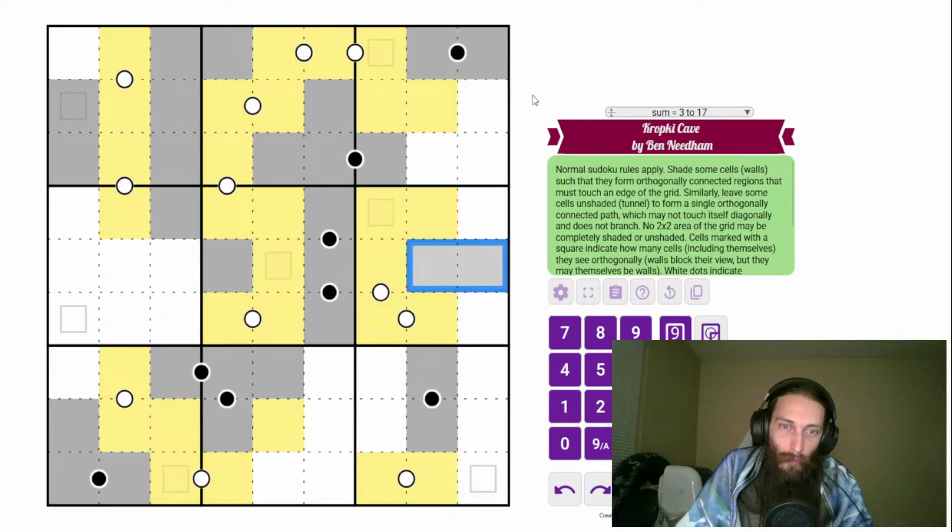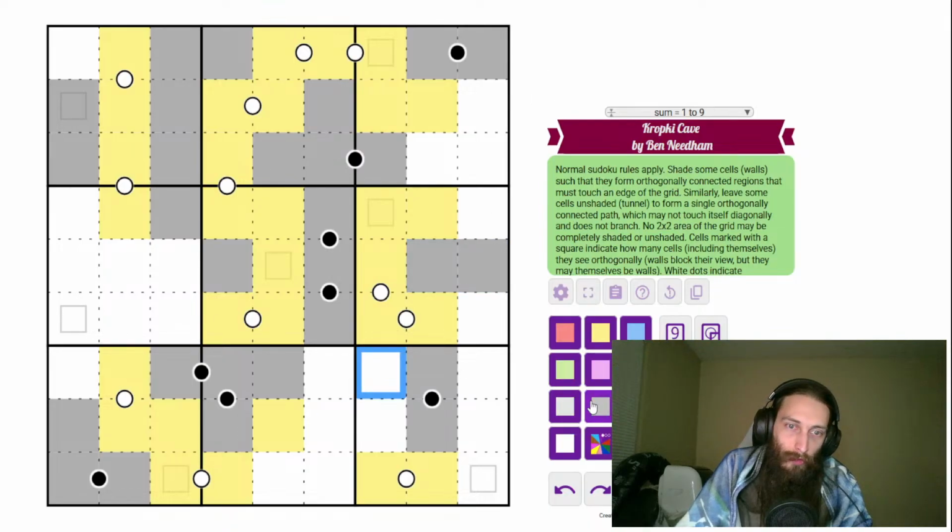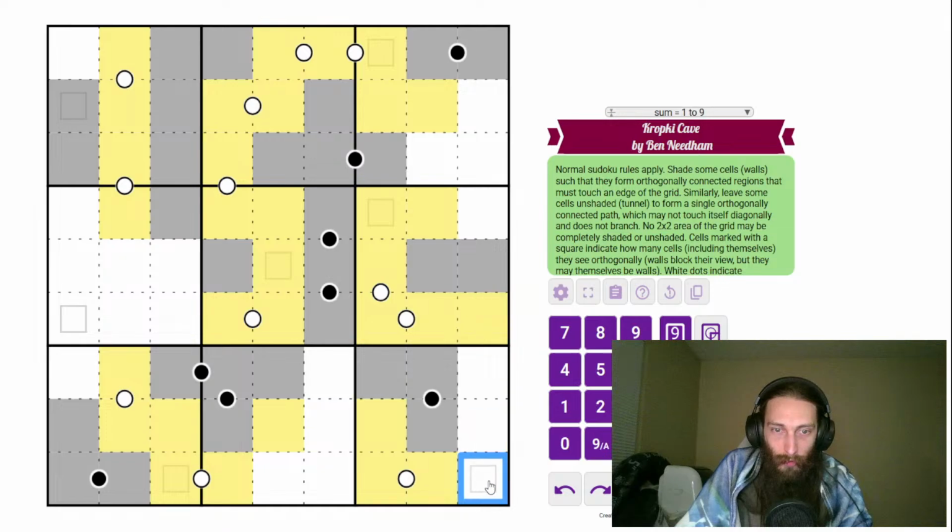This has to reach the wall. Doesn't branch. No 2x2s. And then must continue. Doesn't branch. Must continue.